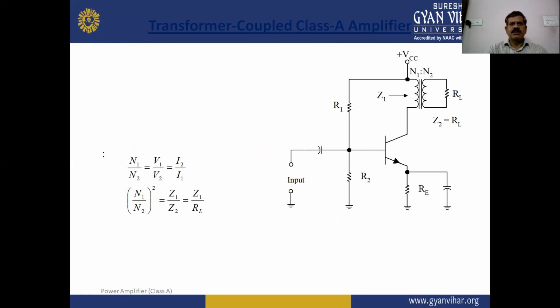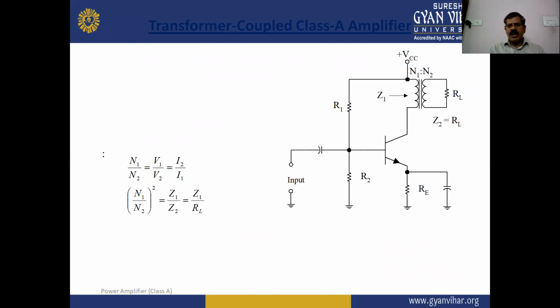Next one is the transformer coupled class A amplifier. So this is the circuit diagram of the transformer coupled class A amplifier, in which the collector is coupled by a transformer.